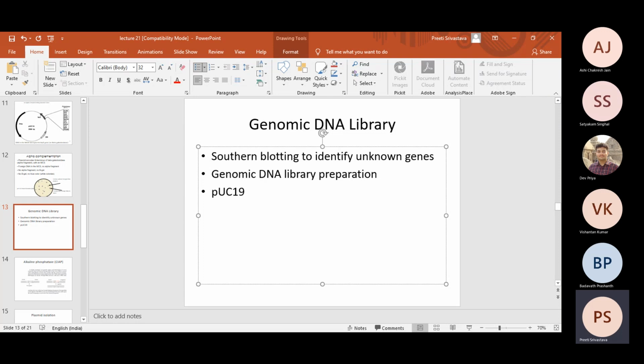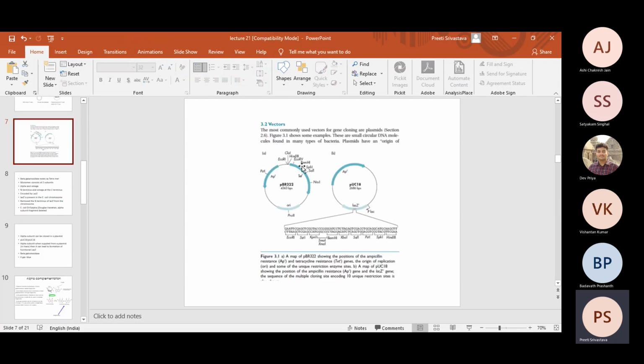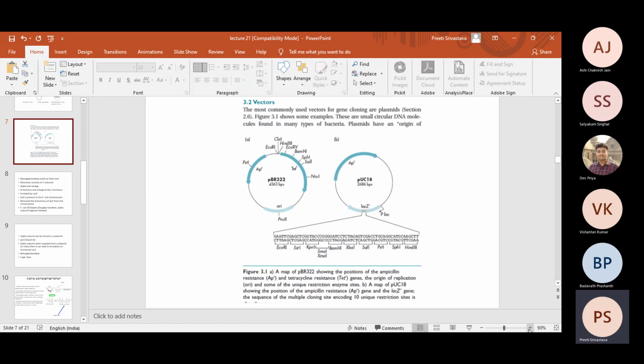If you remember, in case of pBR322, there was a replica plating step required. Let me show you here. For example, in case of pBR322, if we are cloning at PstI, then you transform it and screen on tetracycline plates, but then you will have to replica plate and streak the colonies on ampicillin plates, right?